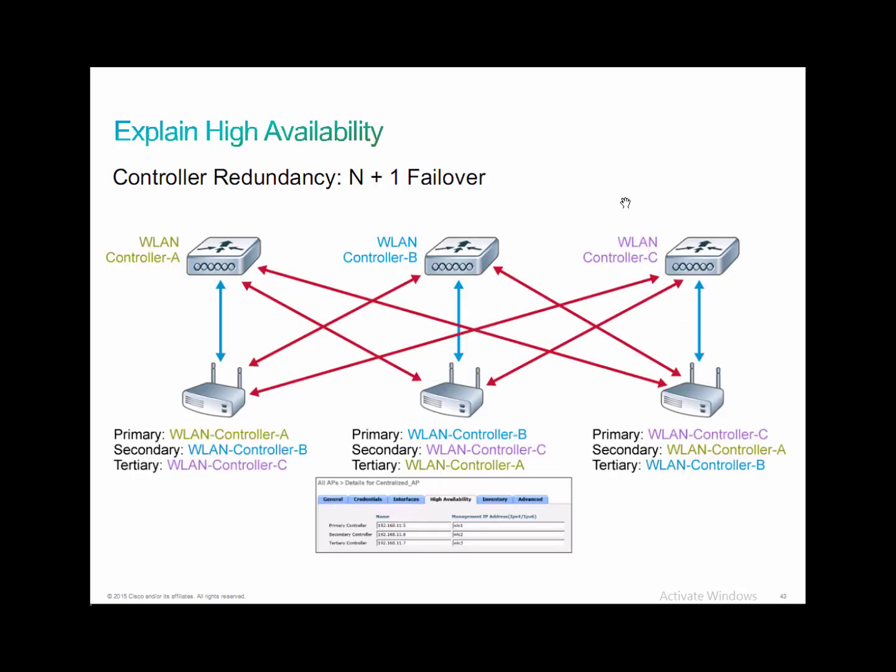One method of providing redundancy is to assign primary, secondary, and tertiary controllers. You need to specify the name and the IP address of the controller. Make sure the controllers are not in the same mobility group. Otherwise, it's not really providing failover. It's just part of a single group. The pros, yeah, you get more uptime, I suppose.